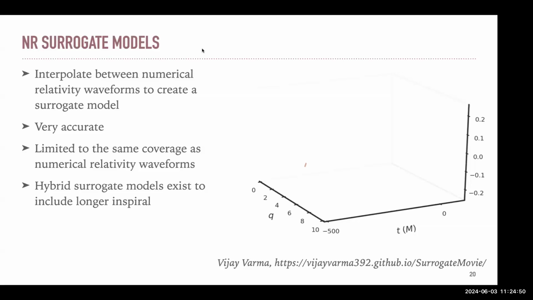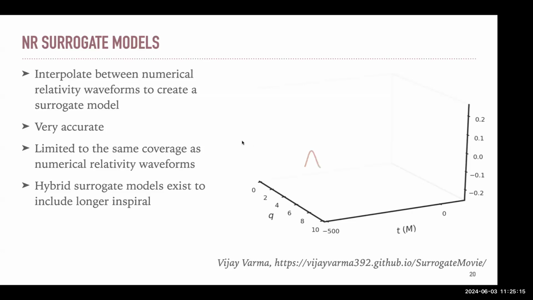Right. Okay. Numerical relativity simulations. We set the parameters of our black holes and we run a simulation that can take weeks, days, months, depending on the simulation. It's a big reason for checkpointing. But they're discrete. We have a point in parameter space. Surrogate models interpolate between them to create a continuous space.